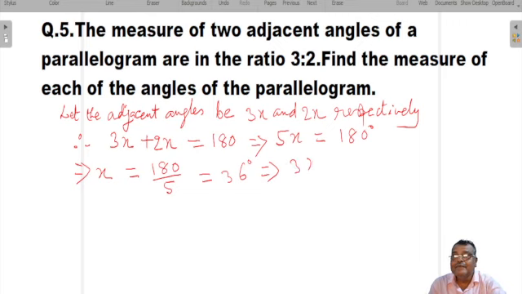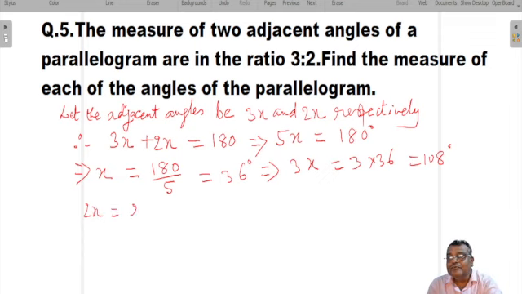3x is equal to 3 into 36, 108 degrees. 2x is equal to 2 into 36, 72 degrees.